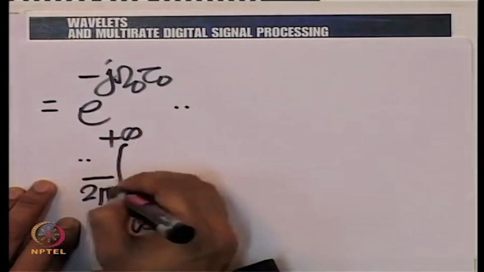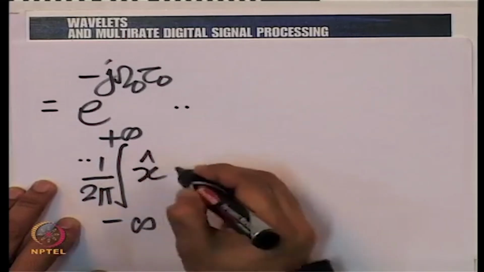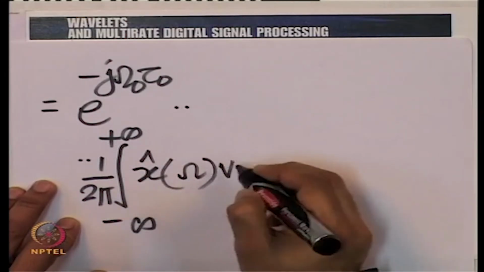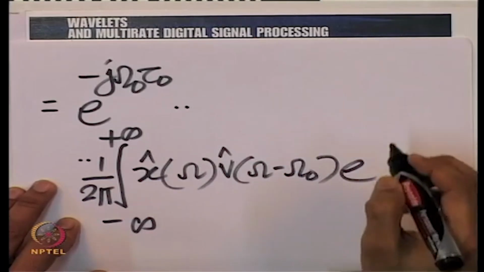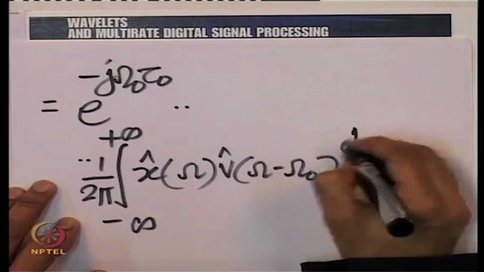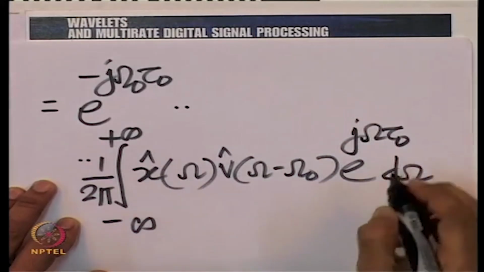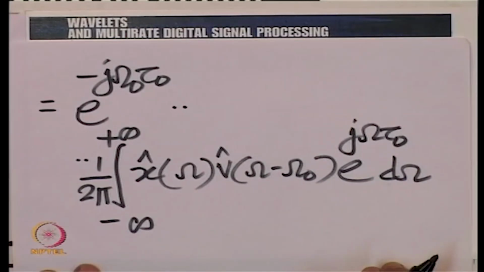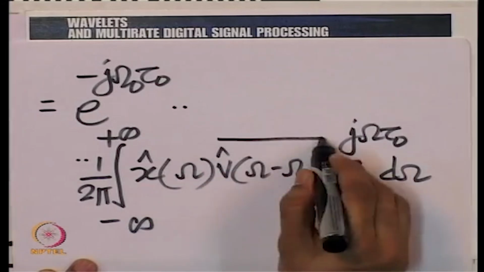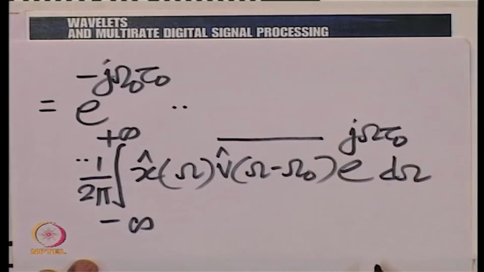1 by 2 pi, just a constant, X(capital omega) V cap (omega minus omega naught) e raised to the power j omega tau naught d omega. This is complex conjugated here. Here the complex conjugate has been taken care of as it is.